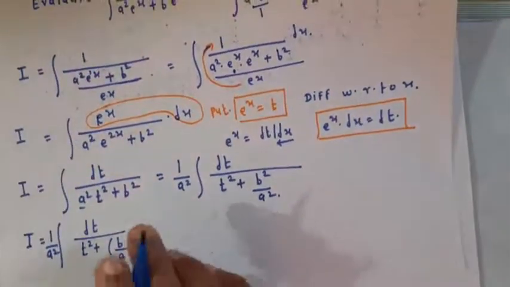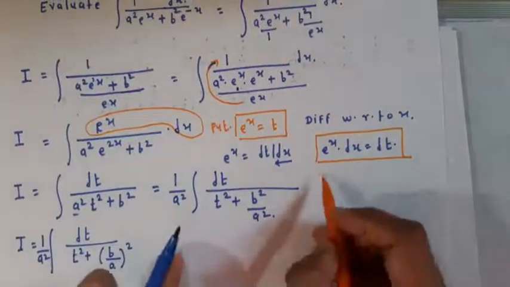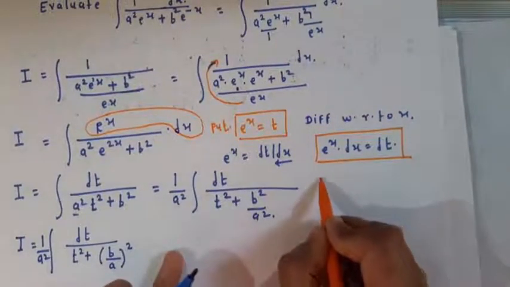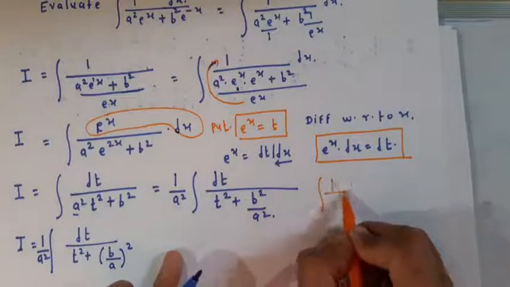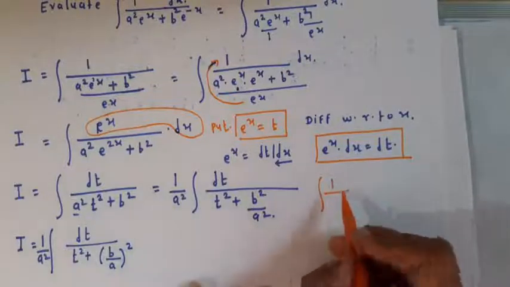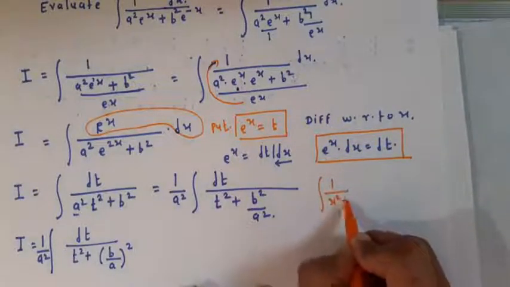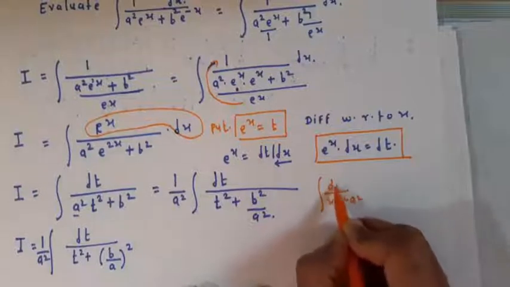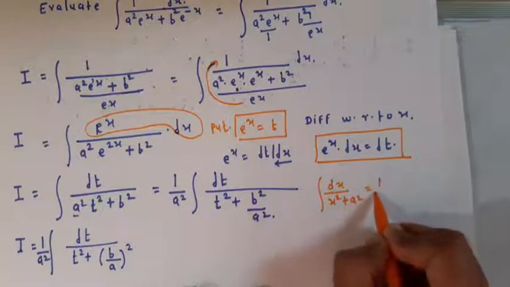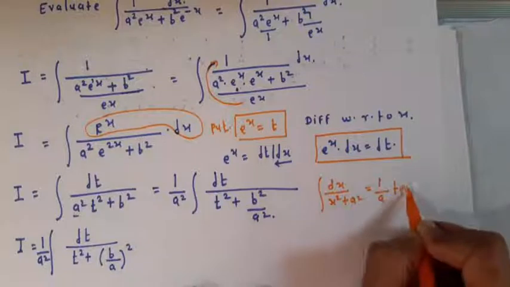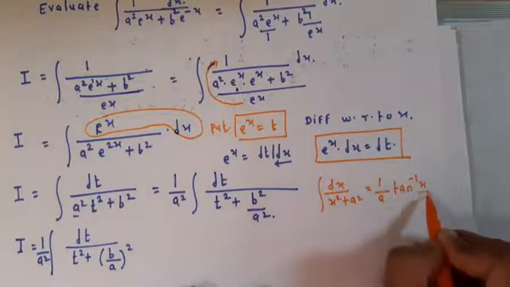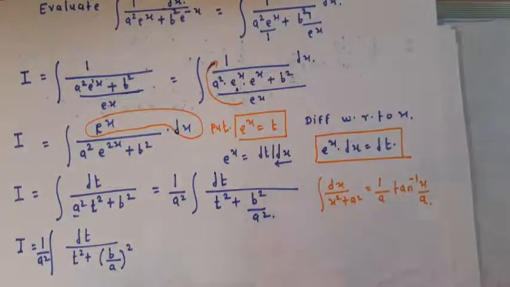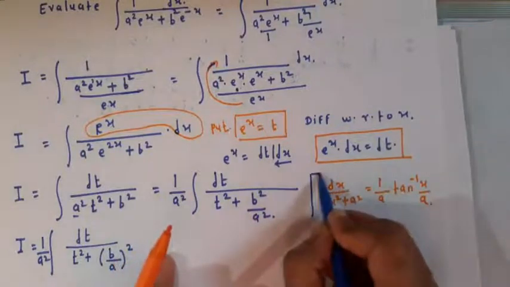Okay students, so by using which formula? That is integration of 1 upon x square plus a square with respect to x is 1 by a tan inverse of x by a. By using this formula, we have to integrate.